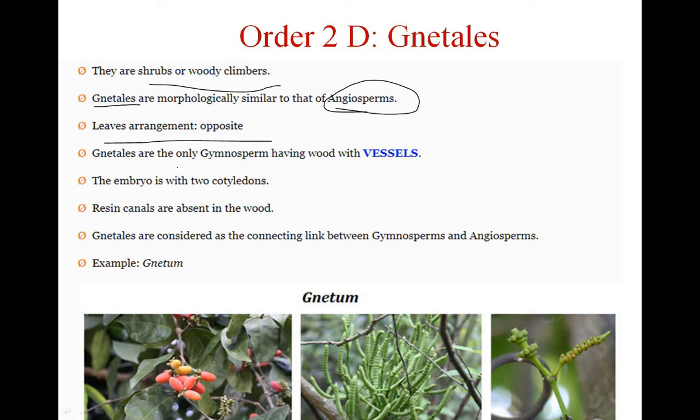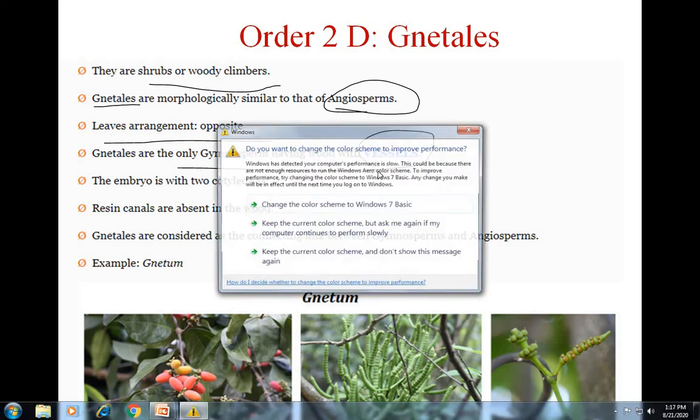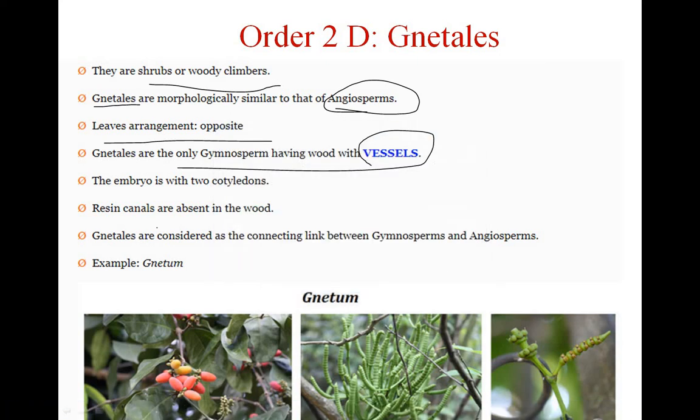They are the only gymnosperms having wood with vessels. As we know, gymnosperms are more primitive than the angiosperms, so this order is the most evolved order among the gymnosperms. So they have vessels, and the embryo has two cotyledons. And resin canals are absent in the wood. And as I said, this is the connecting link.